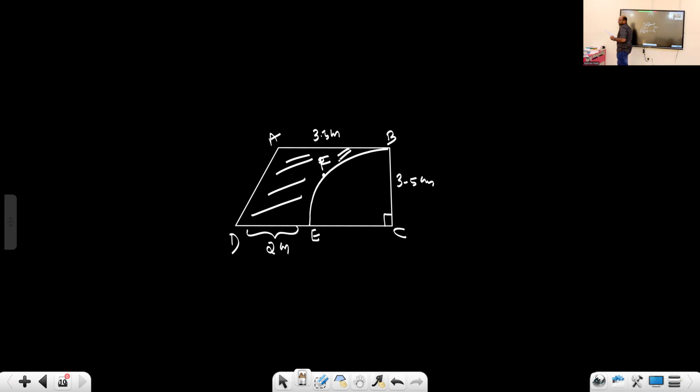Area of the remaining piece of the metal sheet.